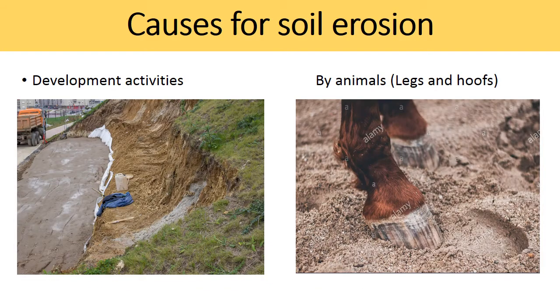The next cause is development projects, like building roads. You can observe in the picture that during these building projects most of the soil is eroded. The next cause is animals, their legs and hooves. This will also remove the soil, and this is also one way soil erosion occurs.